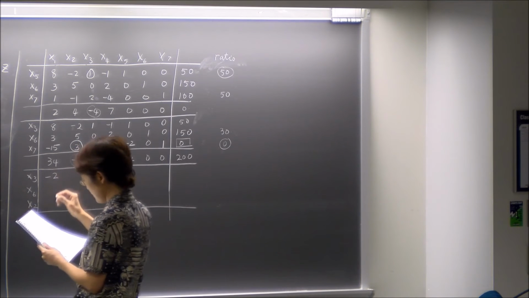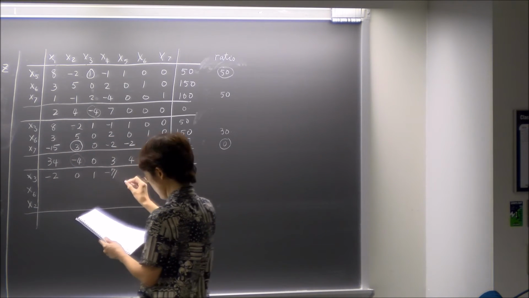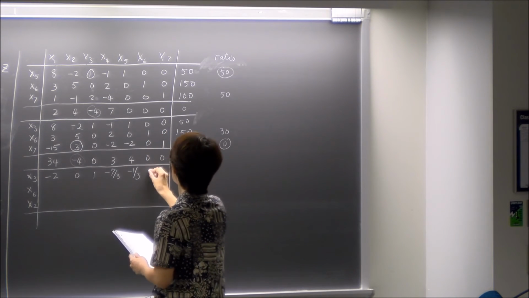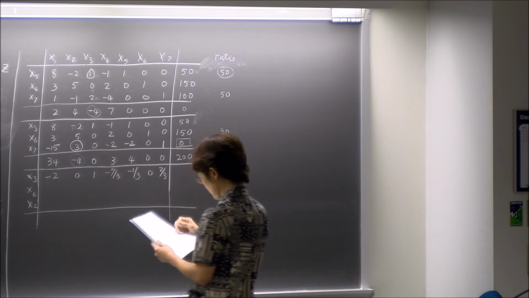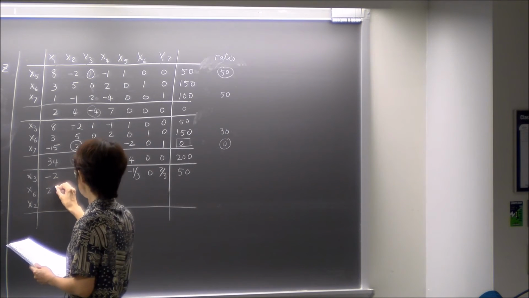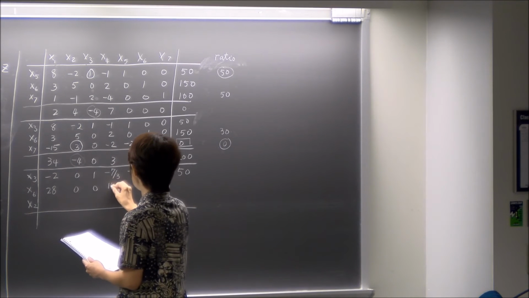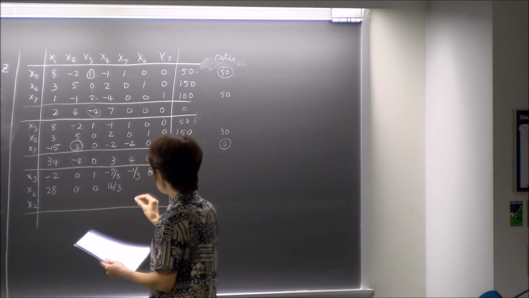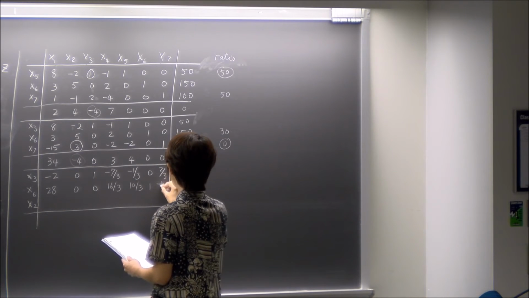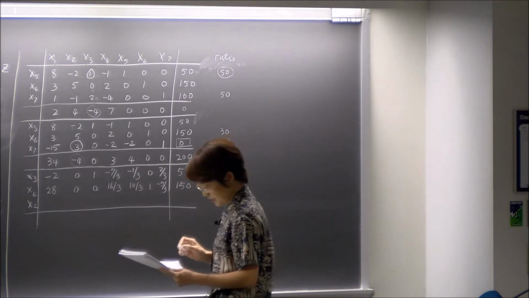So I have -2, 0, 1, -7 over 3, -1 over 3, 0, 2 over 3, 50, 28, 0, 0, 16 over 3, 10 over 3, 1, -5 over 3, 1, 5, 0.